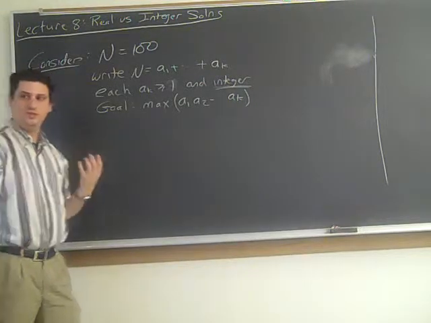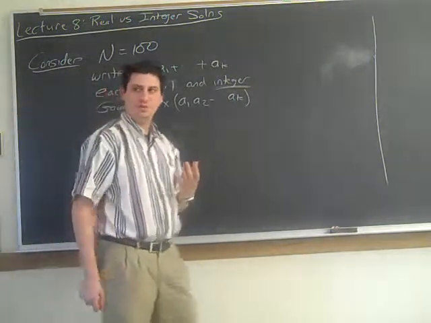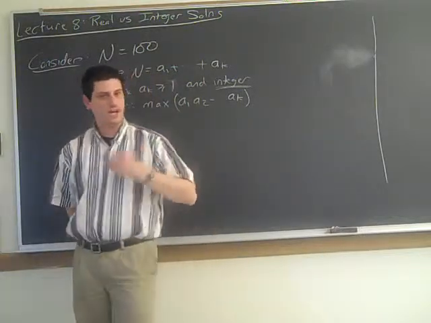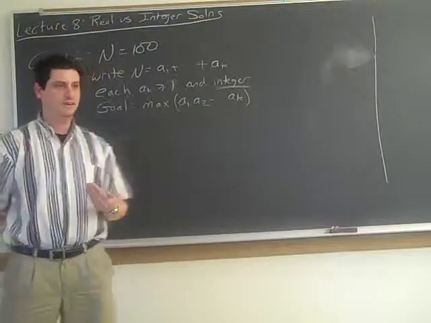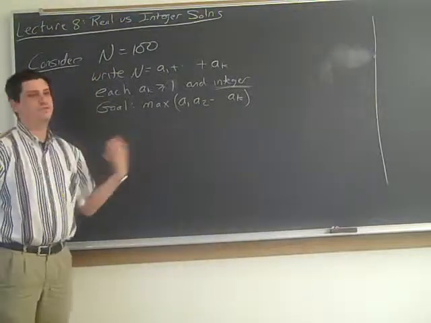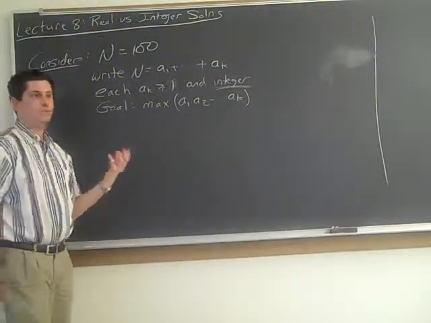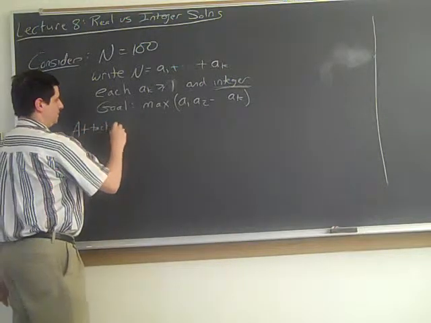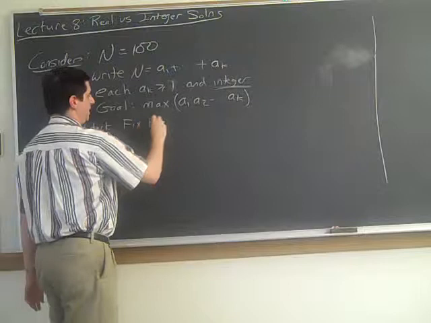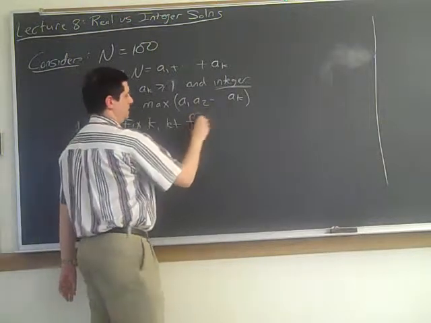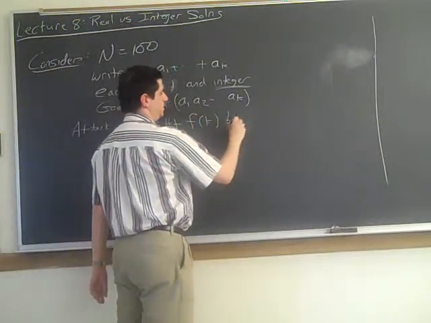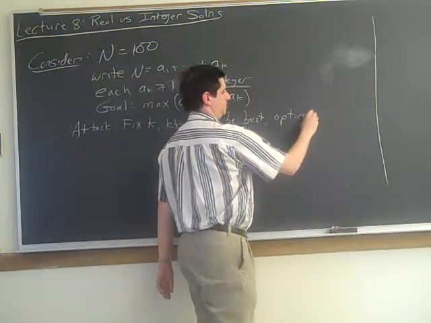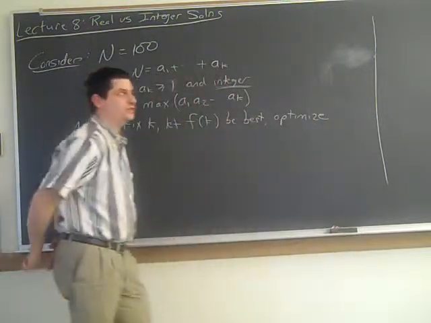Now, of course, one way to do this is to find what is the best when k equals 1, k equals 2, k equals 3, k equals 4, and solve it for each choice of k, and then look and see which value is the best. So that's one good attack. Fix k, let f of k be best, and then optimize. So that's one way to attack the problem.